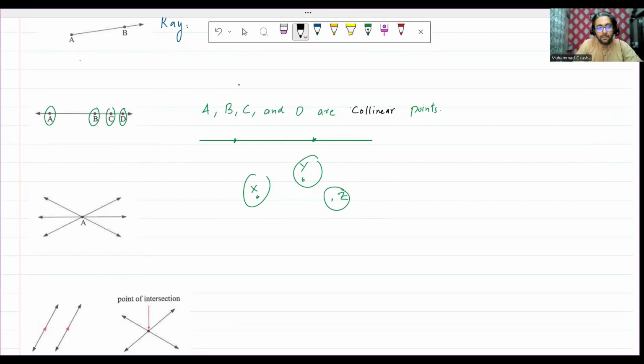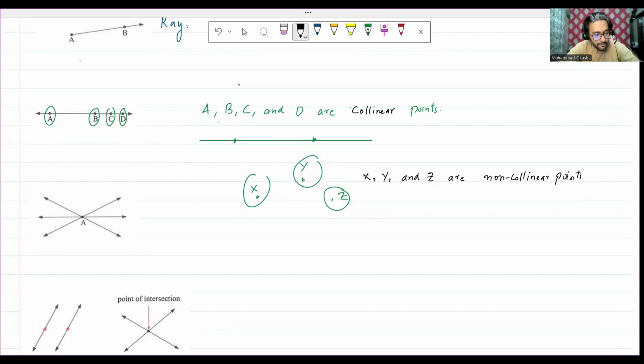Okay. A, B, C, and D are collinear points. Similarly, X, Y, and Z, all of them are non-collinear points, right? The points that lie on the same line are called collinear points.